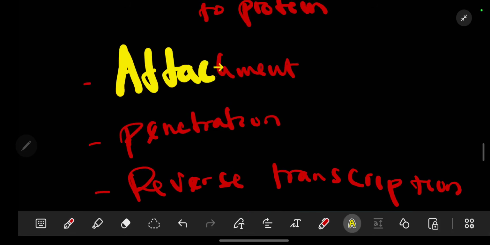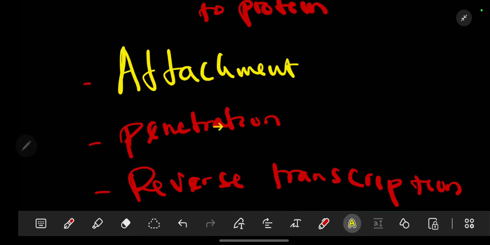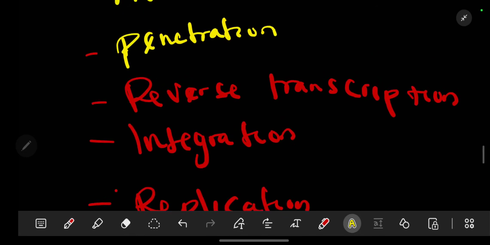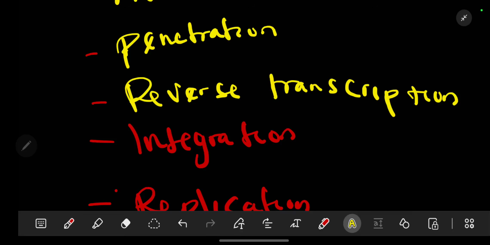So we have attachment, we also have penetration as the second stage, reverse transcription, where the HIV RNA is converted to DNA. Then there is integration, in which the DNA enters the nucleus and is inserted in the host's DNA genetic material.